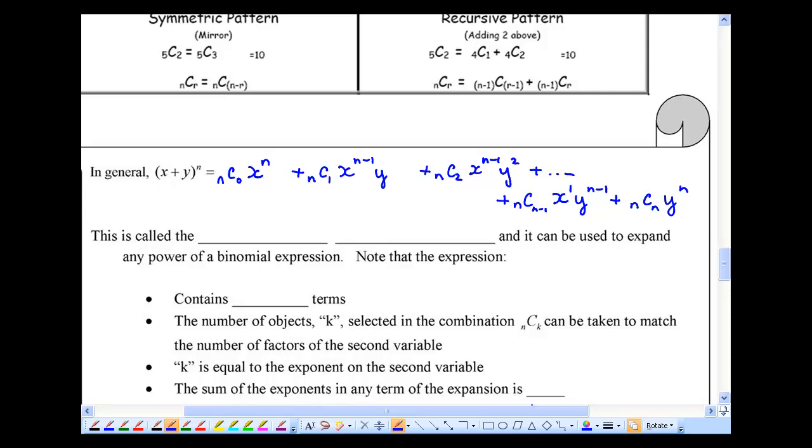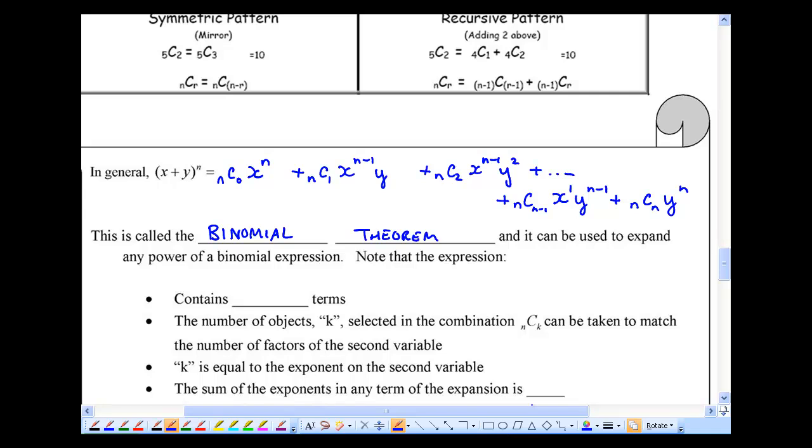Okay. This is called the binomial theorem. And it can be used to expand any power of a binomial expression. And you'll use this in calculus next year. So that's why it's here.